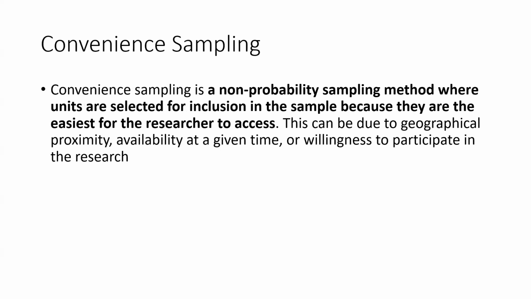This differs from convenience sampling. Convenience sampling you can think of as the individuals out with clipboards. They're just trying to sample based on convenience. They're out and about, you're out and about, and anyone who will stop that they can speak with, that is from whom they're collecting their data. So this can be due to geographical proximity, availability at a given time. Maybe it's a phone bank that's doing the convenience sampling.